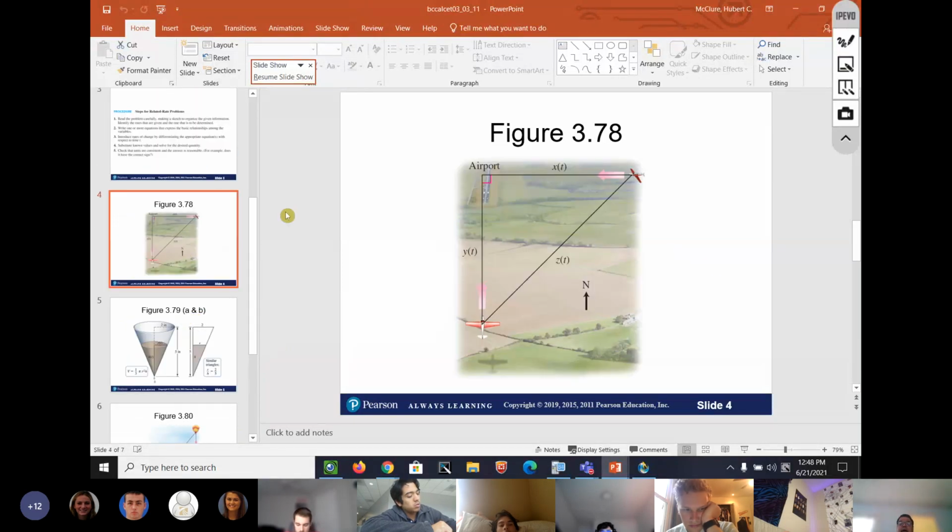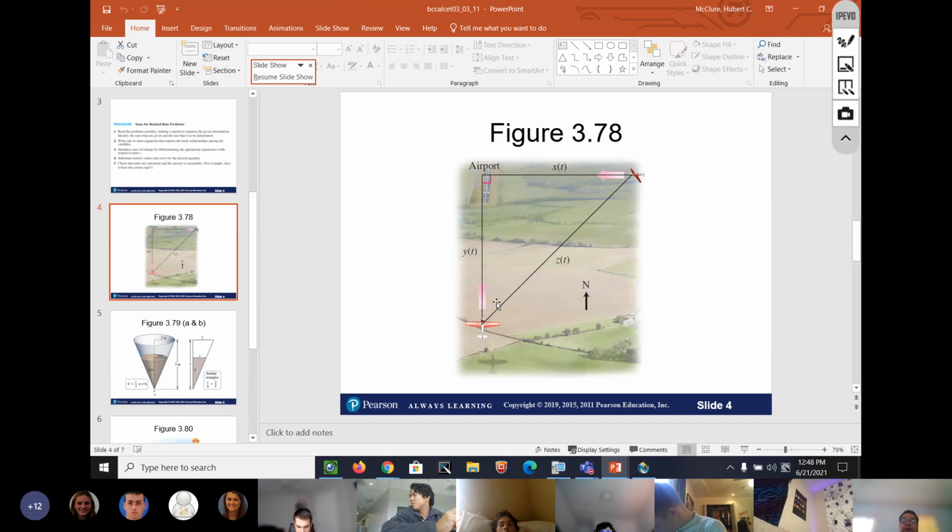So when you're looking at that, let's go ahead and do this. Let's find the angles and the distances of the following. Let's see, they don't give us anything.